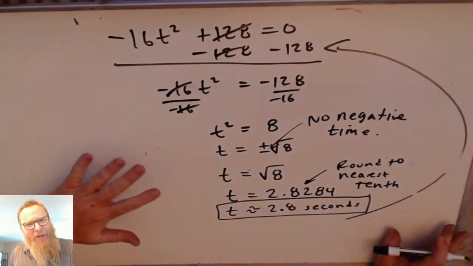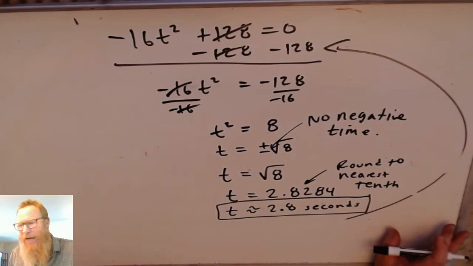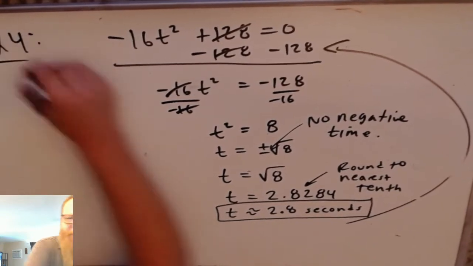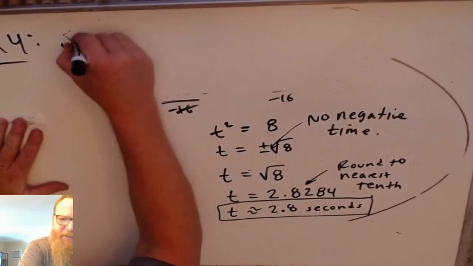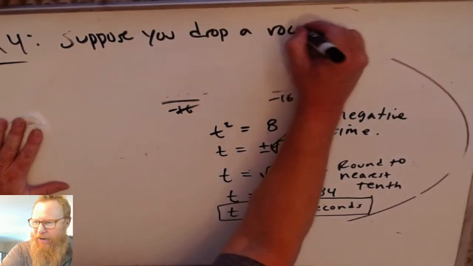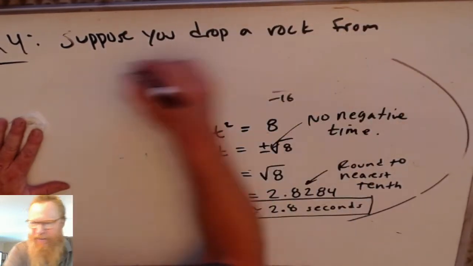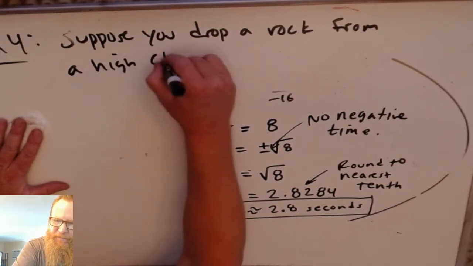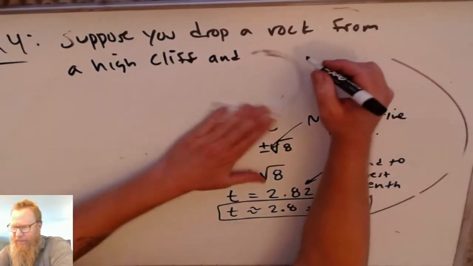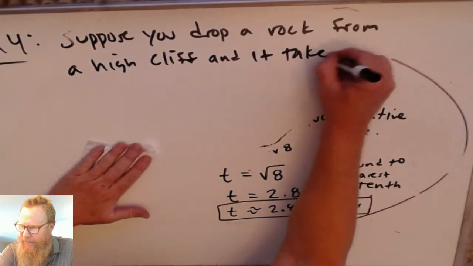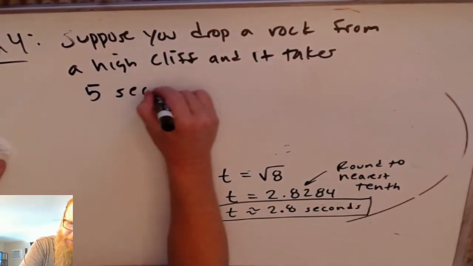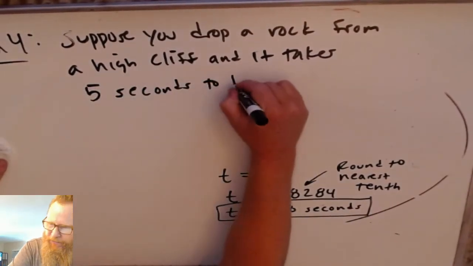I actually want to use this problem one more time. I guess I'll call it example 4. Suppose you drop a rock from a high cliff, and it takes 5 seconds to reach the ground.